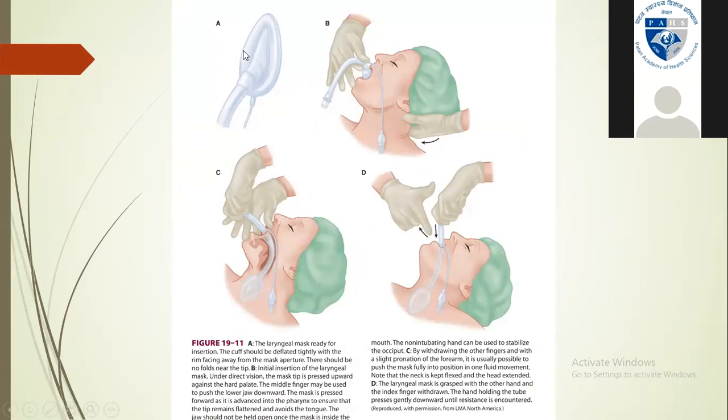And on the other side, we have to lubricate it first. And in a pen holding fashion, we blindly insert it against the hard palate, and we slide it until definite resistance is felt. This will be the method of inserting laryngeal mask airway.